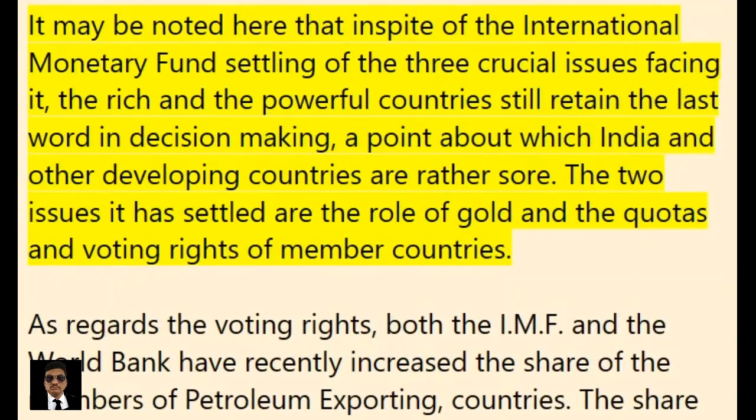It may be noted here that in spite of the International Monetary Fund settling two of the three crucial issues facing it, the rich and the powerful countries still retain the last word in decision-making, a point about which India and other developing countries are rather sore. The two issues it has settled are the role of gold and the quotas and voting rights of member countries.